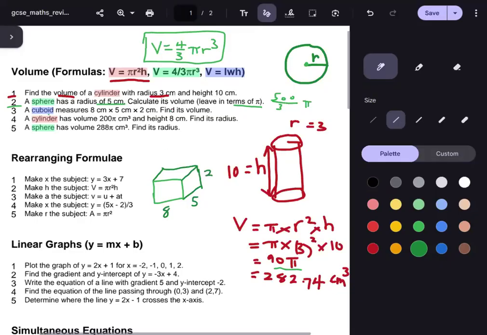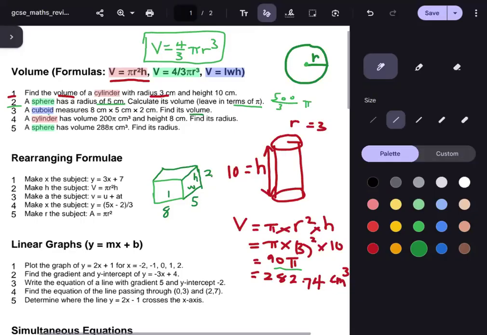So it says find its volume. So you're going to use the formula for cuboid in blue. I have the formula in blue at the top. It's length times width times height. Remember, the bottom is the length, then the side is the width, and then from the top to the bottom is the height. So length is 8, width is 5, and height is 2.